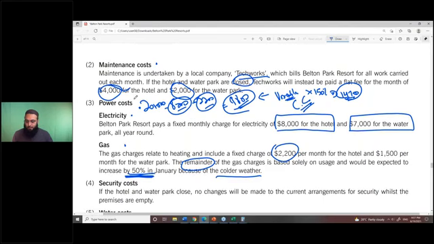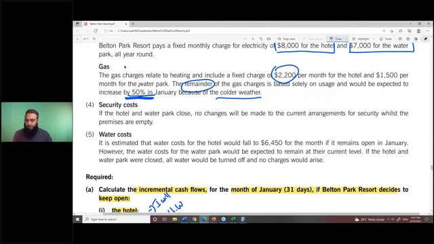Security. If the hotel and water park close, no changes will be made to the current arrangements for the security. Okay. If the hotel and water park close down, no change will be made to the current arrangements for security while premises are empty. So, do you think this will be relevant or not? It's very simple.